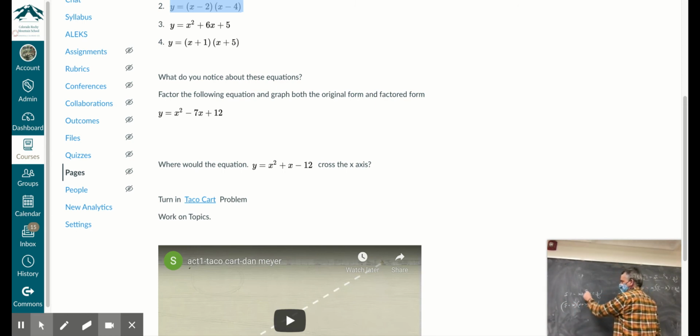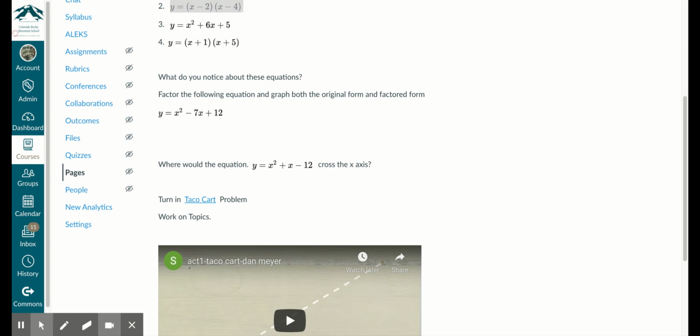You can see these are my factors, right? So my x-intercepts are going to be at -4, 0, and 3, 0. So let's try that real quick and check it on the graph.